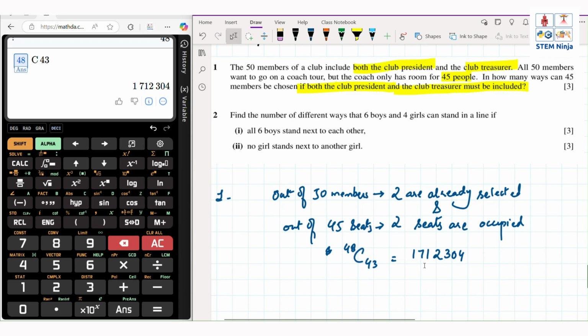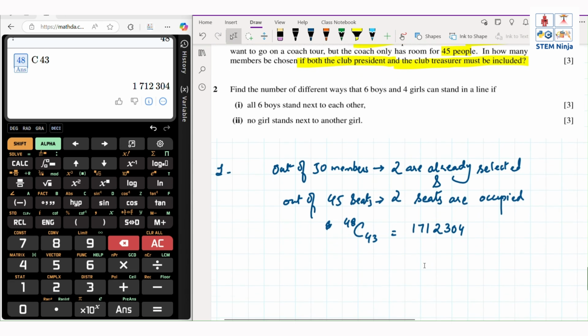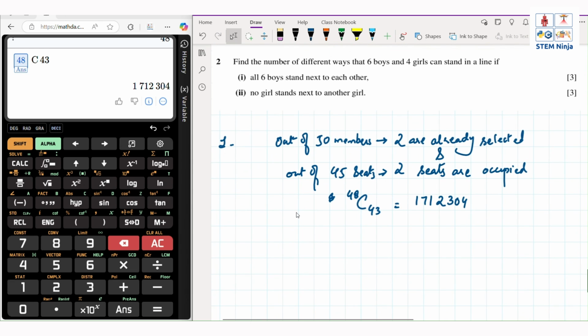That was the first question. Now, question number 2. Find the number of ways that 6 boys and 4 girls can stand in line if all the boys stand next to each other. So that would be an easy thing. If boys are together, they are forming a unit. Girls can be anywhere. So boys are forming one unit, and obviously these are different boys.